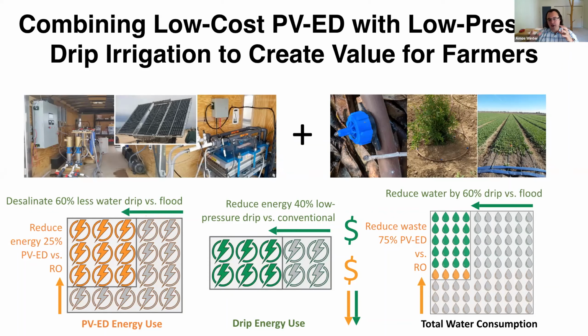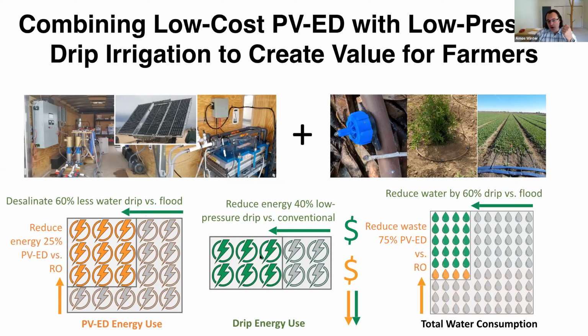And there's a lot of compounding effects that add value in this scenario. So if we're talking about energy reduction, we can reduce energy using ED versus RO just because it's more energy efficient. And we can lower our required amount of energy substantially by using drip irrigation rather than flood irrigation or sprinklers. So that cuts down our energy usage.